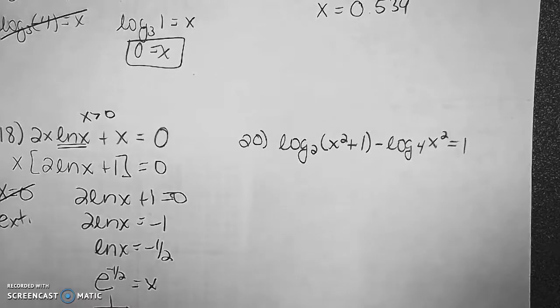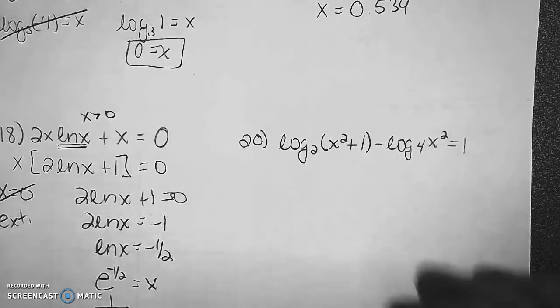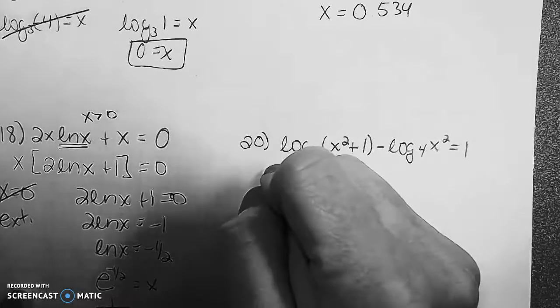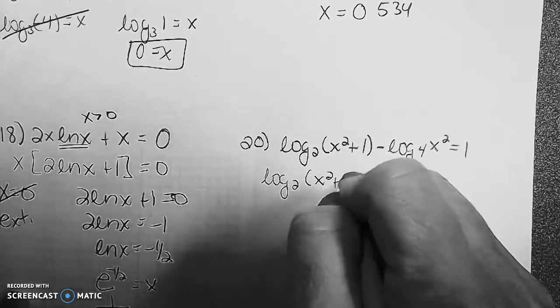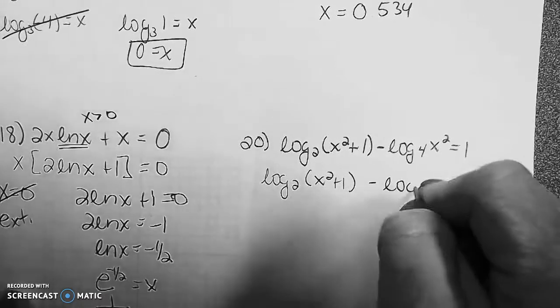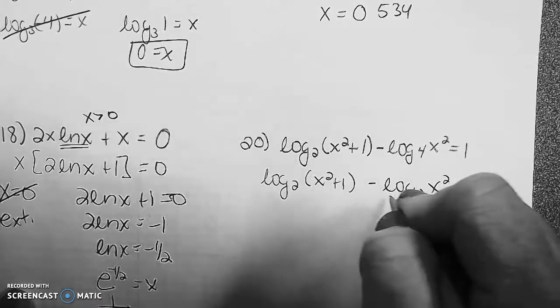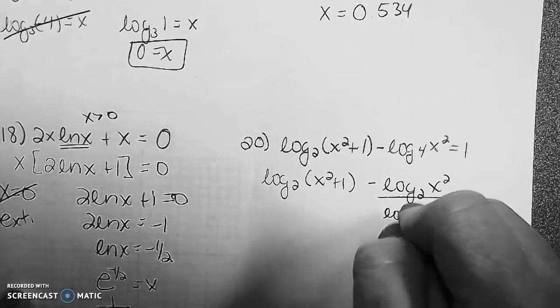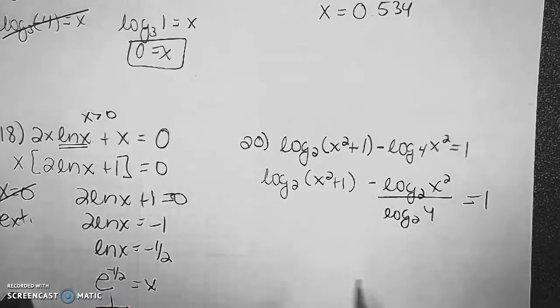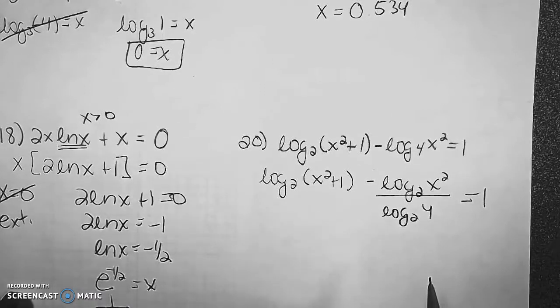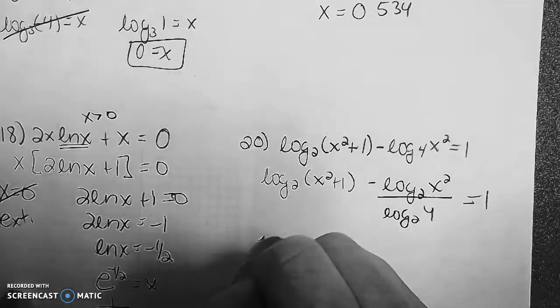All right, let's look at number 20, which is another one. I gave you a hint and said, be sure that you change your base. And so kind of like the other problem, I'm going to stick with the lower of the bases. So I'm going to stick with a log base 2. And when I use change of base, I like that because log base 2 of 4 is 2.